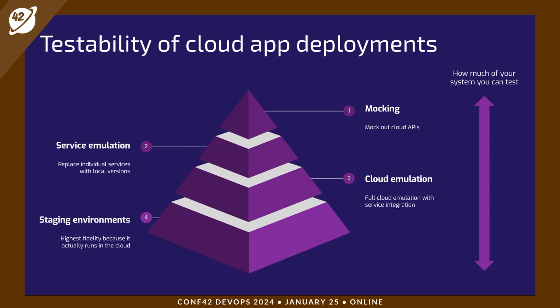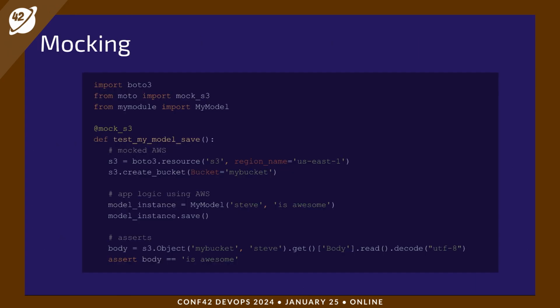An example for this that I would like to showcase is, of course, Moto. It's a pretty popular mocking library for AWS. And with Moto, you can basically add decorators to your test cases and redirect all of the AWS API calls to a mock resource and not to the real AWS services. Now, mock libraries are excellent tools for local cloud development, but they are often limited.